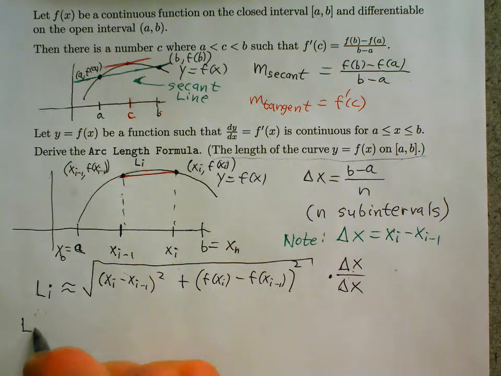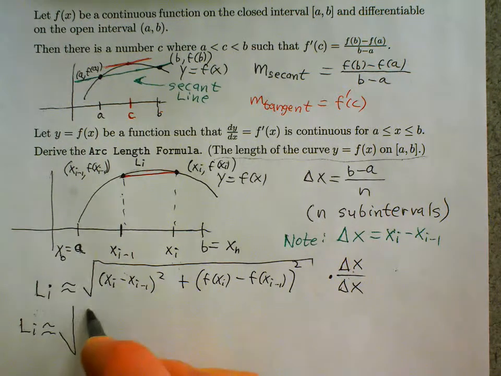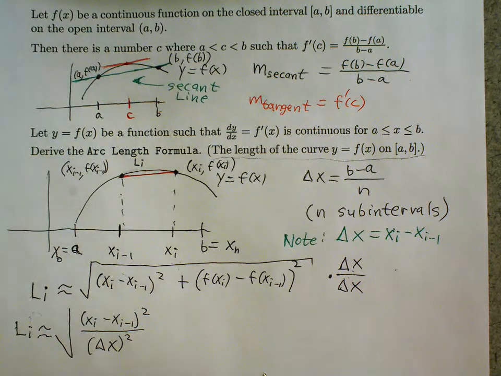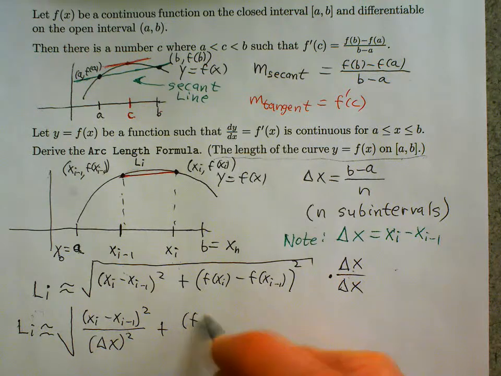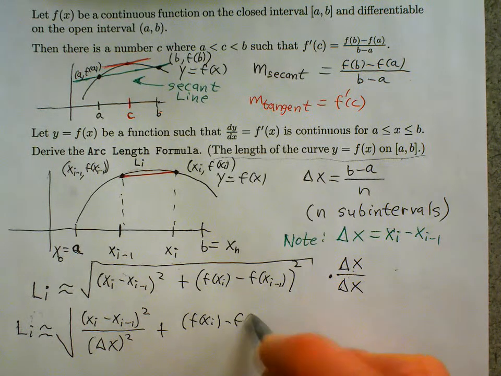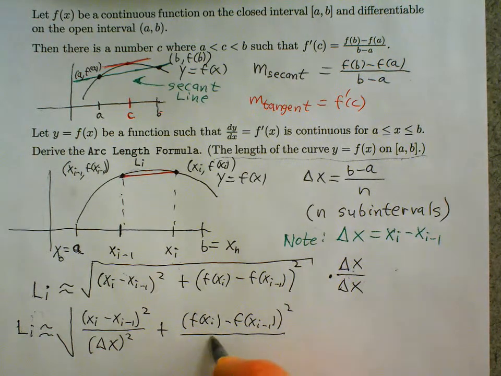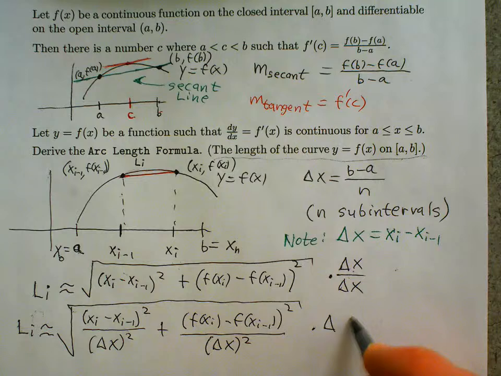We have L sub I is approximately equal to the square root of x sub I minus x sub I minus 1 quantity squared divided by delta x squared, plus f of x sub I minus f of x sub I minus 1 quantity squared divided by the quantity delta x squared, and then multiplied by delta x.